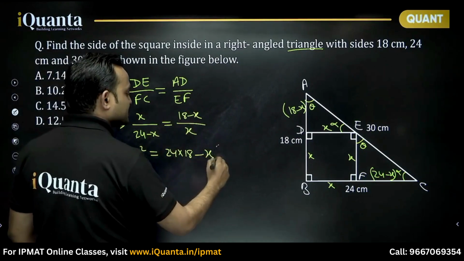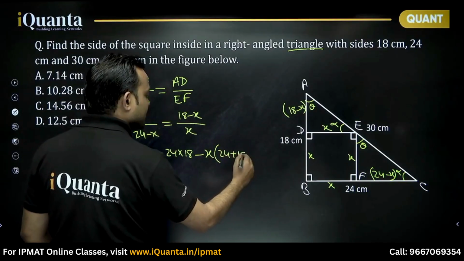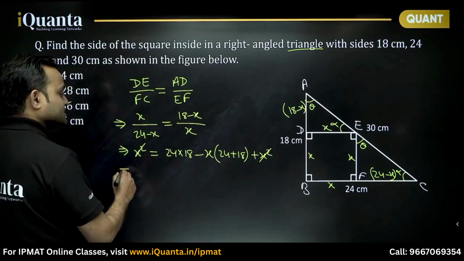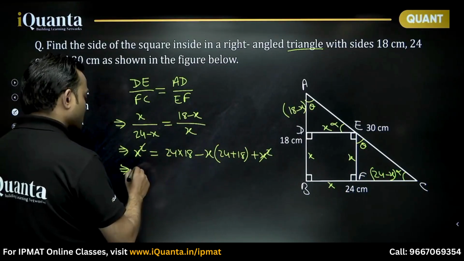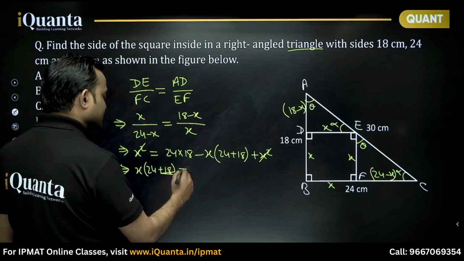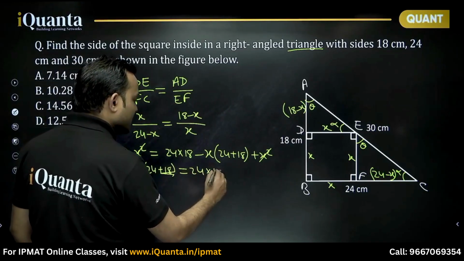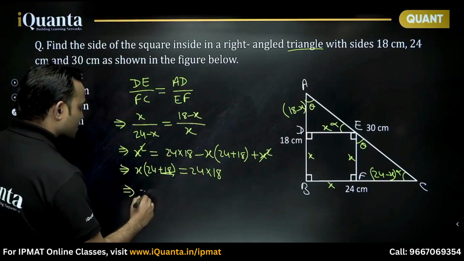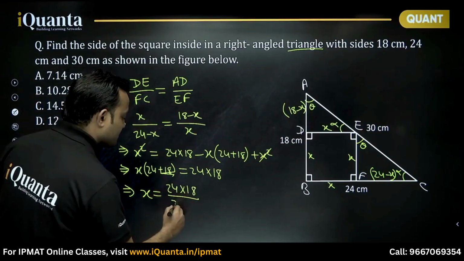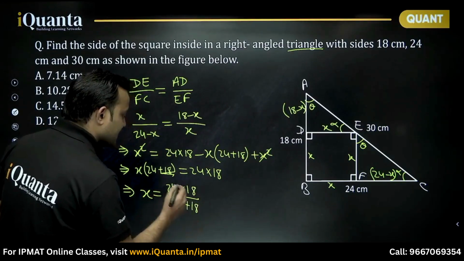So take x common, 24 plus 18 plus x square. So x square cancels out, or we can say x into 24 plus 18 is equal to 24 into 18, or x is equal to 24 into 18 divided by 24 plus 18.